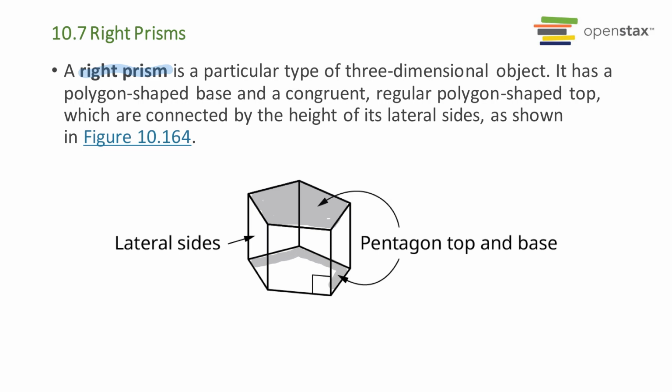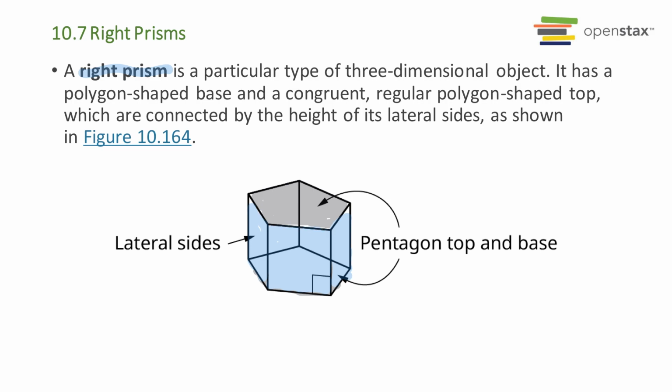This is also a pentagonal face. It's got the 5 sides. Those are congruent. They are the same shape, top and bottom. And then we have these lateral sides here, and there's 5 copies of them, and they're all the same, right? And so I'm just going to color in these visible ones here. And so that kind of gives you an idea and a look at what we're talking about.